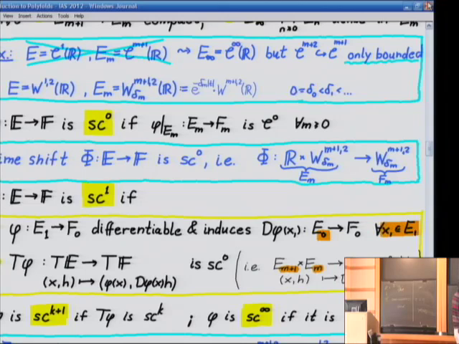So let's see. What was that again? Tau comma u maps to u of tau plus dot.